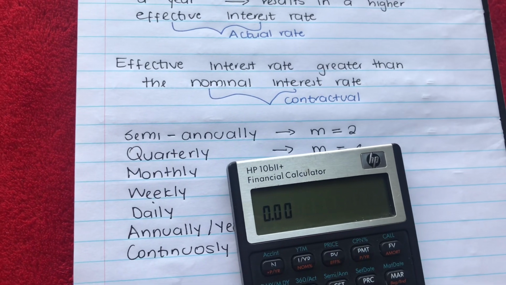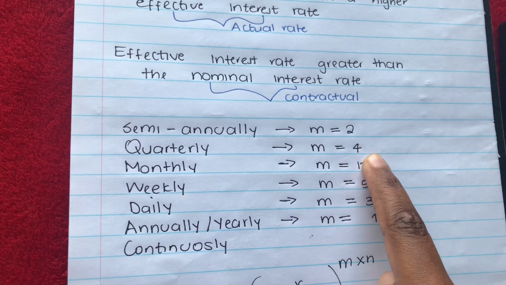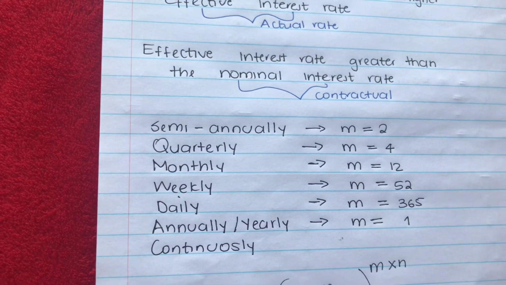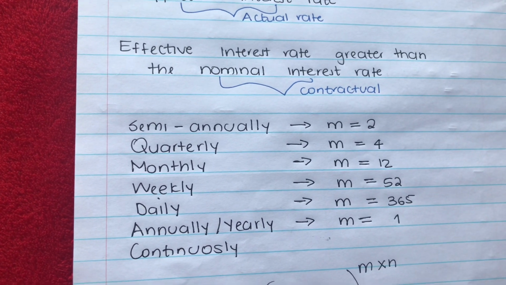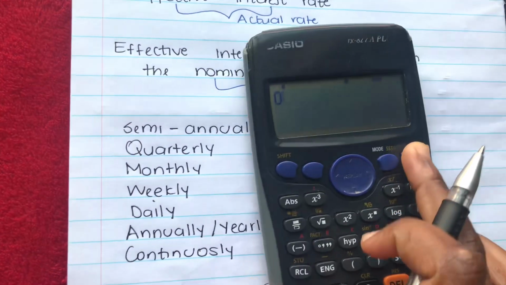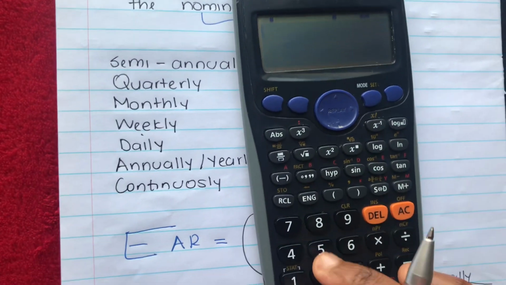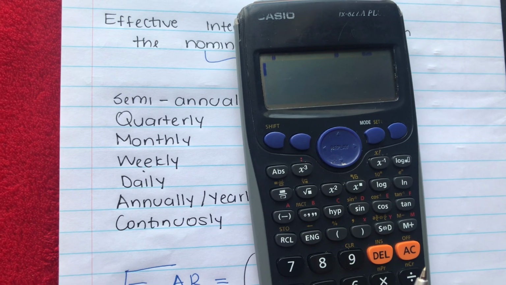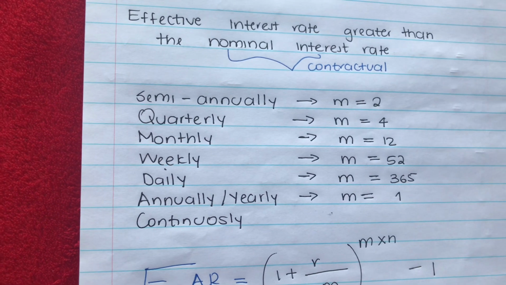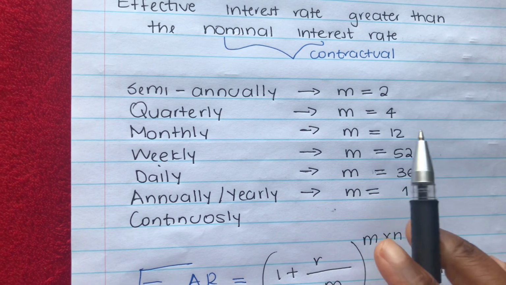If, let's say, your first calculation in a test was for semi-annually, and the second calculation requires you to do it quarterly, I usually advise you, if you are going to forget to change it back, to do this: when you're calculating, your interest needs to be divided by the M that you're calculating with, and then you multiply the number of years by the M.